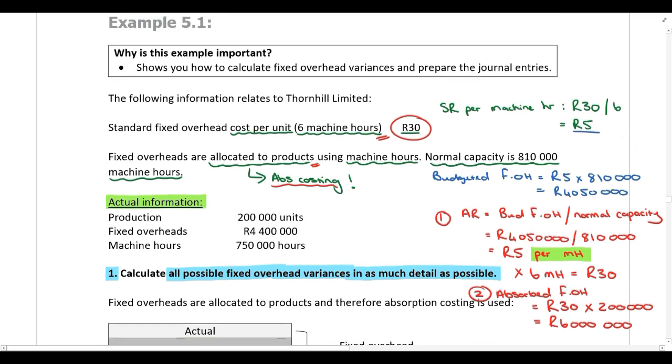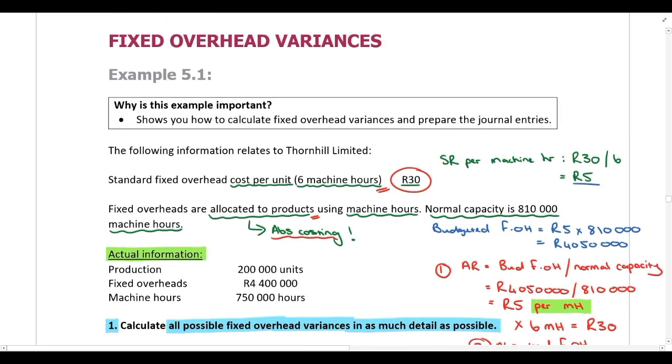All right, so how do we calculate these variances? We always start our variance calculations with the actual cost. Then, the difference between the actual and budgeted cost will give you an expenditure variance. And if variable costing is used, you can only calculate an expenditure variance.